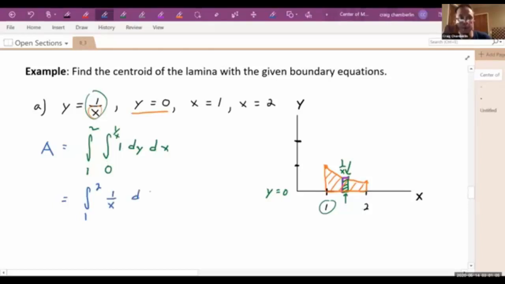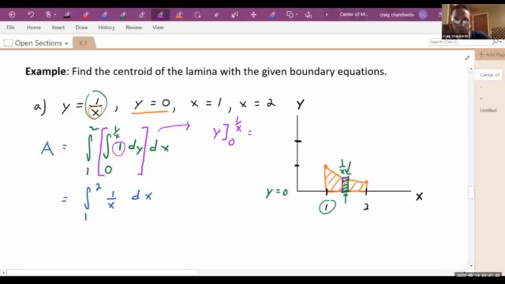If you don't believe me, evaluate that inner integral, the guy in the purple brackets there. You'd integrate with respect to y, you get y evaluated from 0 to 1 over x, ignoring the outer limits of integration just for scratch work.